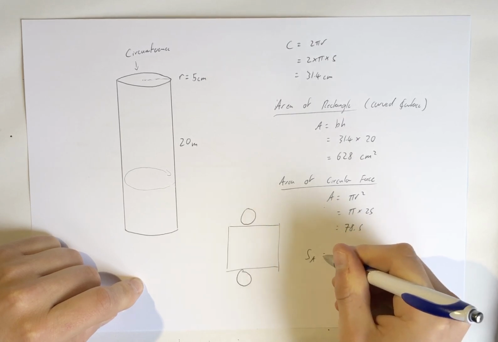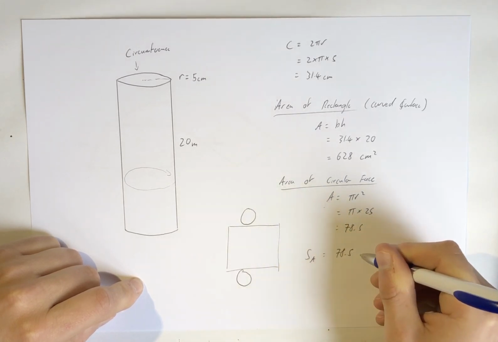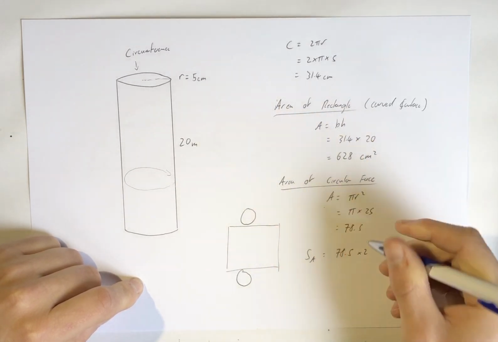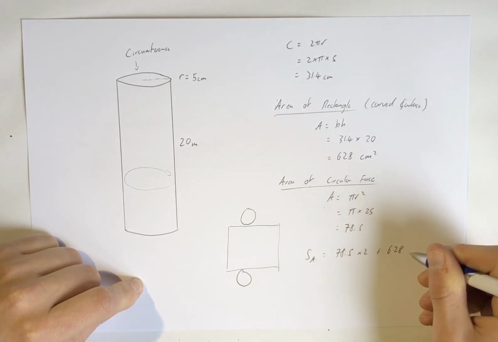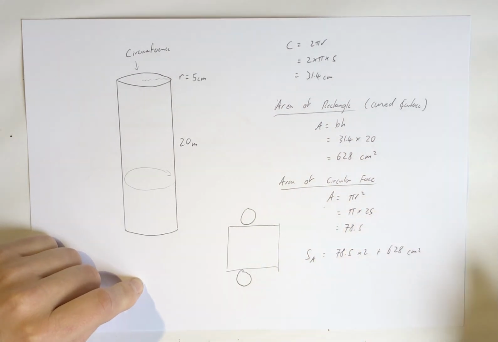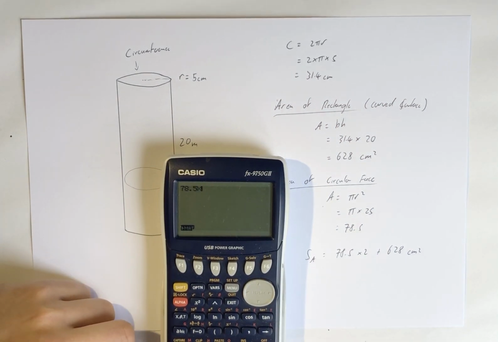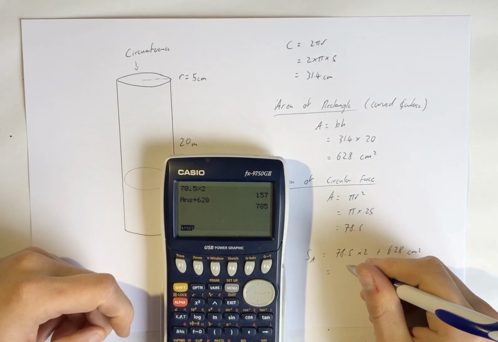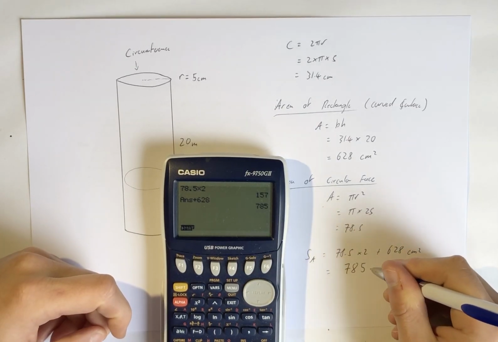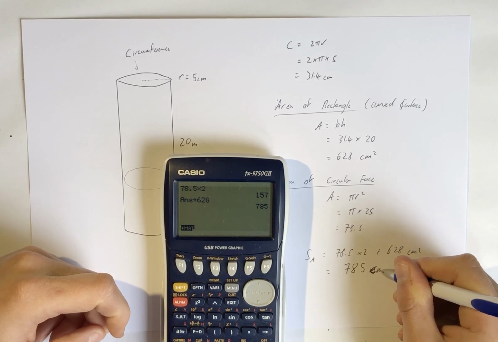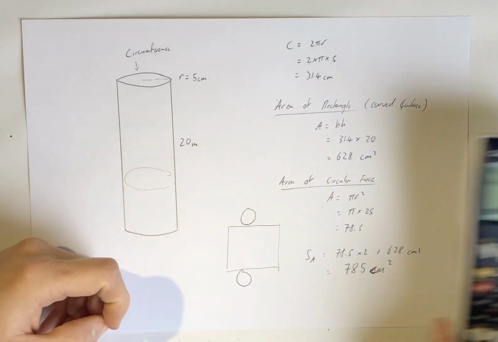So the surface area is 78.5 times 2, there's 2 of those circular faces, plus 628 centimeters squared. So let's have a look at that. 78.5 times 2 plus 628 is 785 centimeters squared in material.